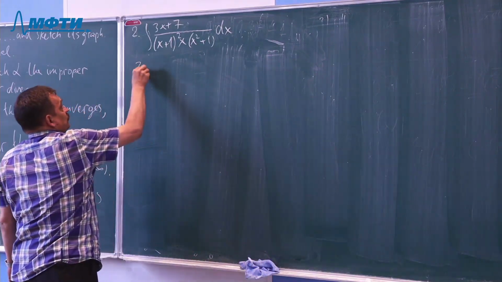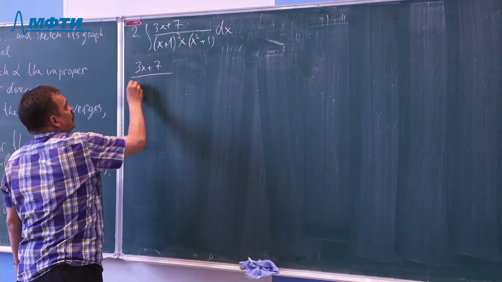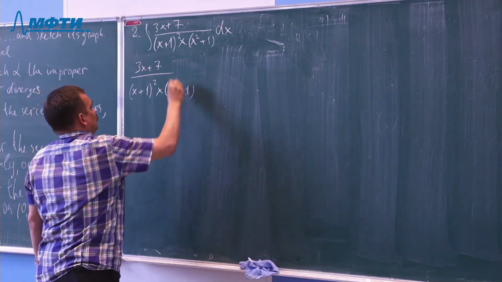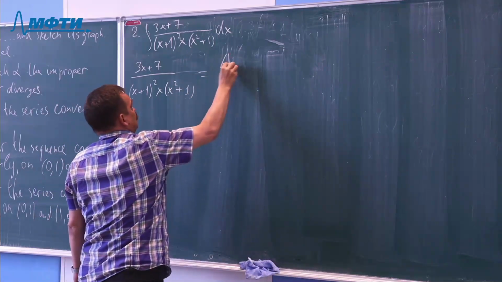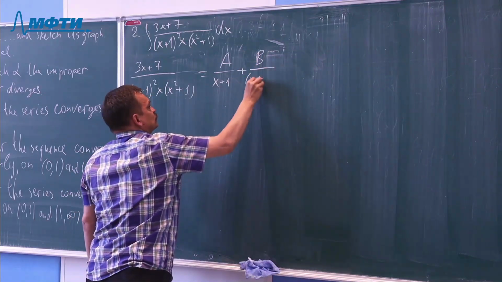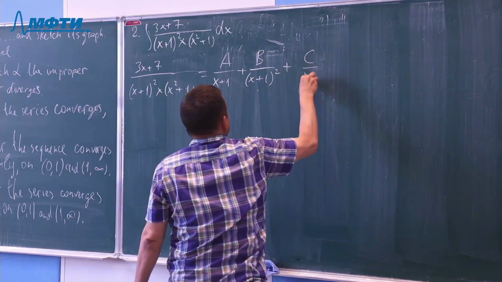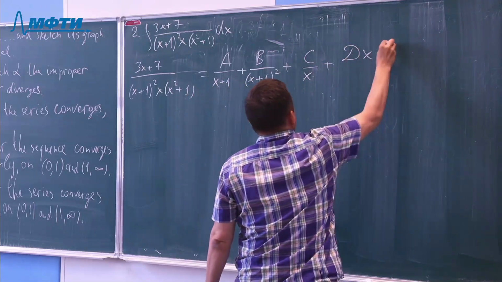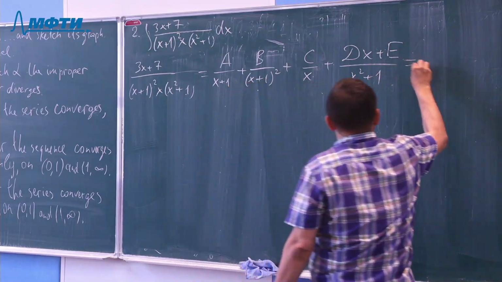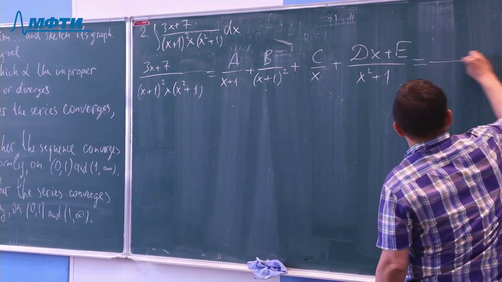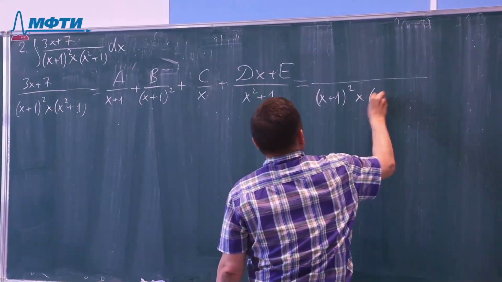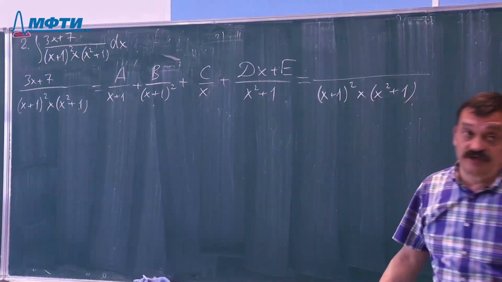Okay, so we start with partial fraction decomposition. It is A over x plus 1, plus B over x plus 1 squared, plus C over x, plus (Dx plus E) over x squared plus 1. So we find the common multiplier, and the common denominator is precisely the same as we had.